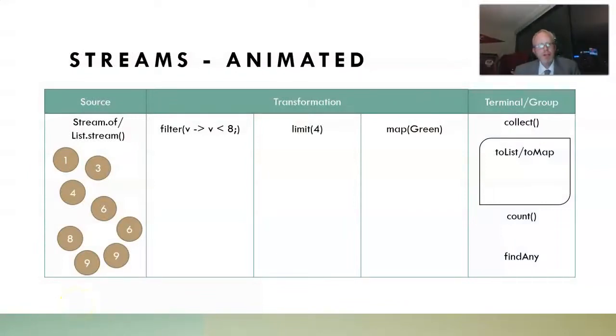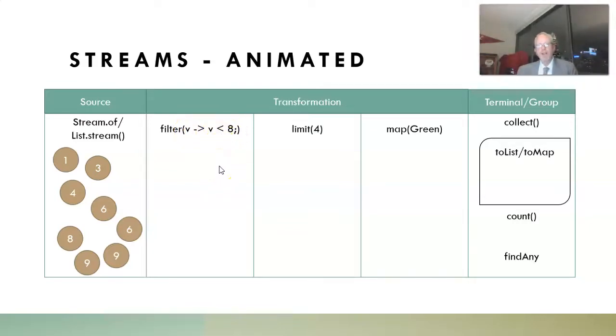So I have some collection of numbers here, and we see the first thing that I have, the first transformation is a filter, which is v, and then this is a lambda expression. It looks a little bit goofy with a less than and greater than here, but we have to look at this as one operator called the arrow operator. So we're effectively taking this parameter and passing it over to this logic here. So we say v goes into v less than 8.